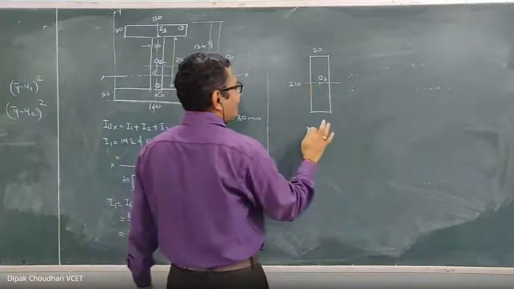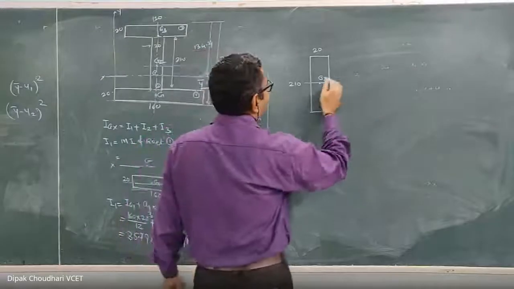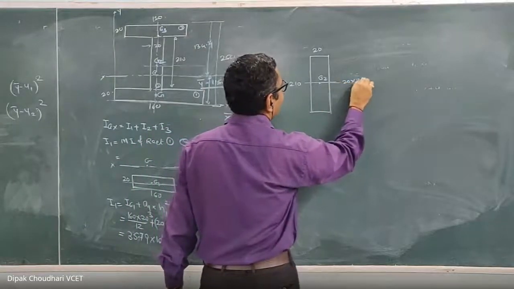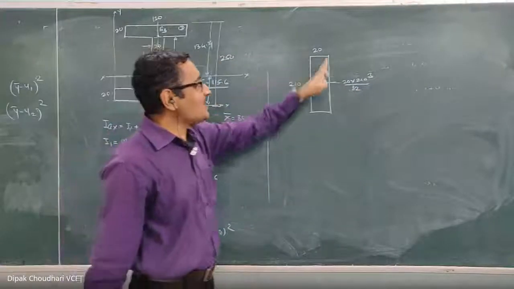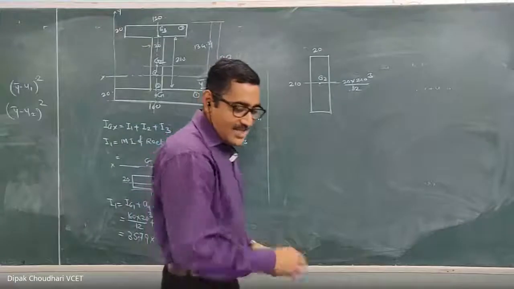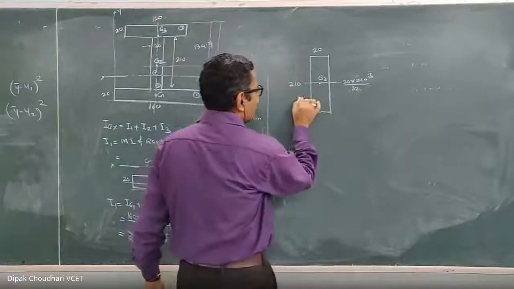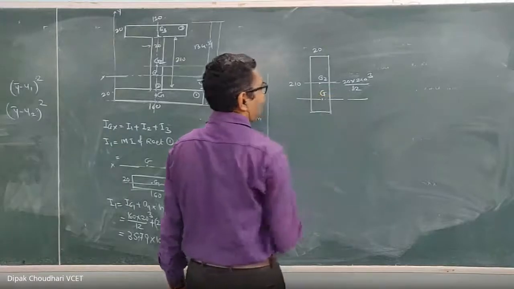If we had to calculate the moment of inertia about its own centroidal axis, I can directly write it as b d cube upon 12. This is the moment of inertia of this rectangle about its own centroidal axis. But that is not what we have to calculate here. I have to calculate the moment of inertia of this rectangle about this axis, which is the centroidal axis of the entire lamina.